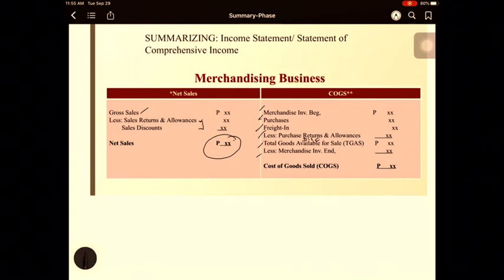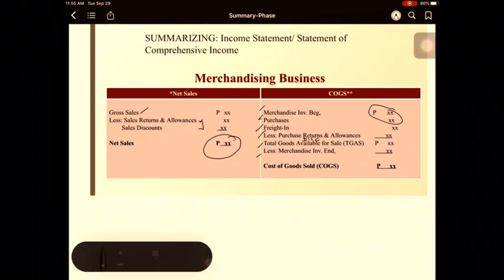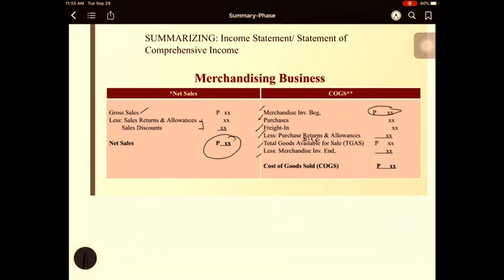So where do we get the amount now of your merchandise inventory beginning? The merchandise inventory beginning is the amount of the merchandise inventory reflected in the unadjusted trial balance of the business. So if the trial balance is still considered unadjusted, the amount of the merchandise inventory you see there is your merchandise inventory beginning.